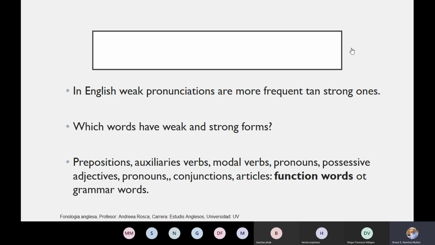All of these are called function words. Some people call them grammar words, but in general, the concept is function words. So whenever you see a function word in a sentence, there is a very high probability that you're going to use the weak form. Not to, but to. Not could, but could. Not can, but can. And the reduced form or weak form, most of the time it will have a schwa. Sometimes a schwa, right?